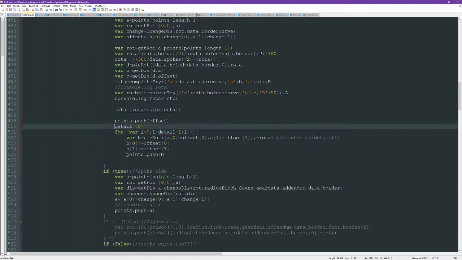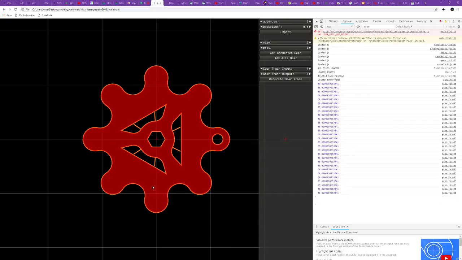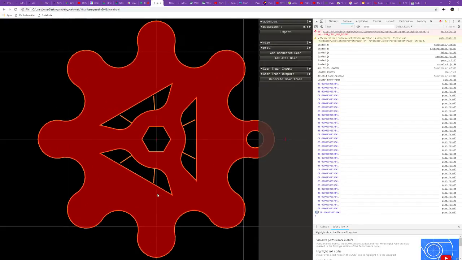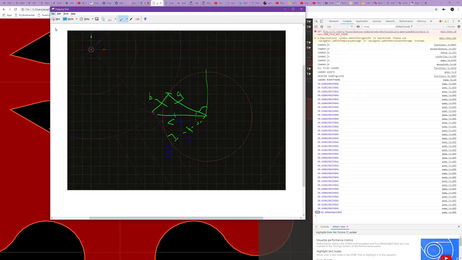Oh, because I'm changing detail afterwards. Okay. That's just doing that because that's how I told it to do it. Those points are wrong. Okay, I guess the question is now, can I line up that thing right? Oh, I don't want to rotate that. Whatever.